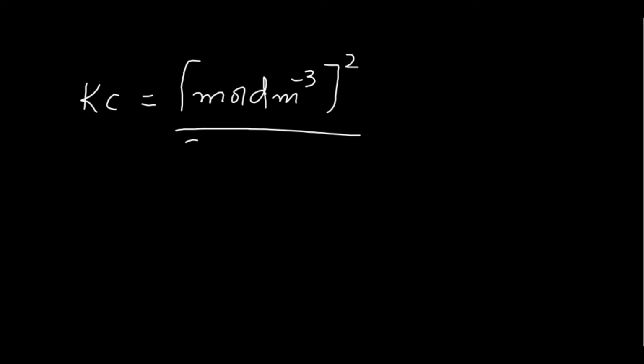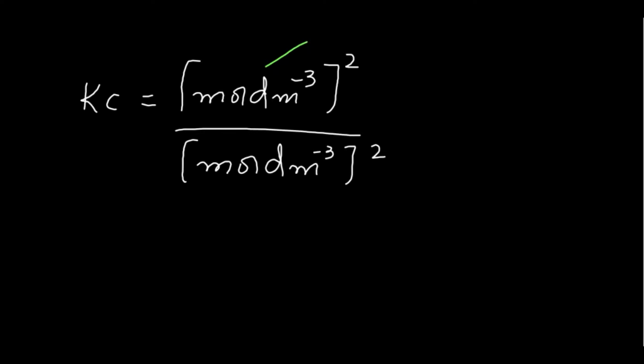So we'll see what is the next step, students. In the next step, Kc is equal to mole per cubic decimeter raised to the power 2 over mole per cubic decimeter raised to the power 2.